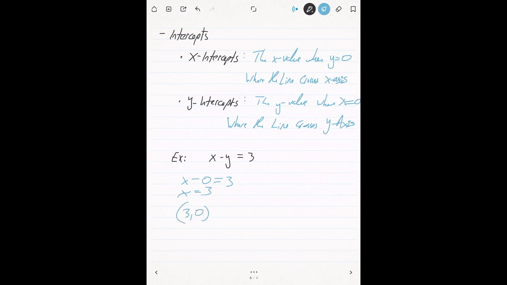There is one of the solutions, and it is the x-intercept. To find the y-intercept, make x 0. 0 minus y is equal to 3. So we could say that 0 for x, -3 for the y-intercept, and we should be set.